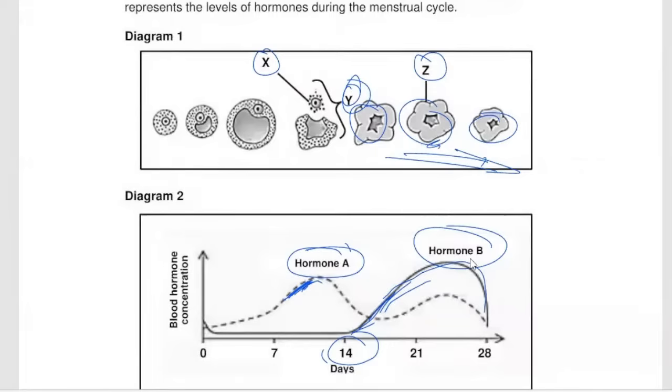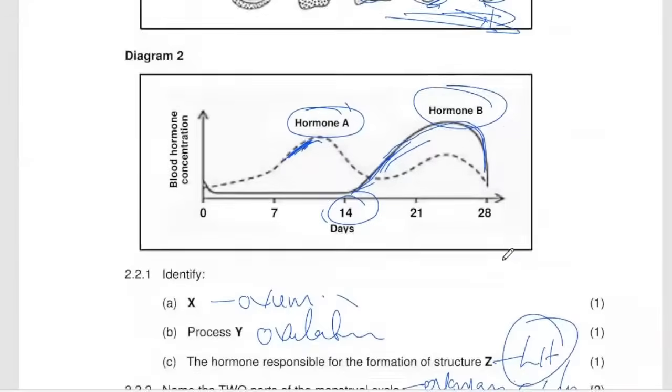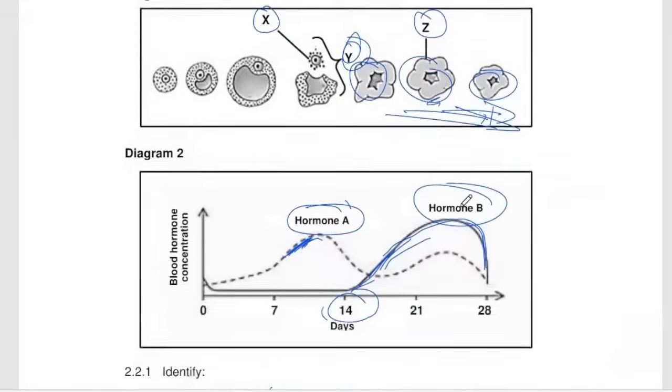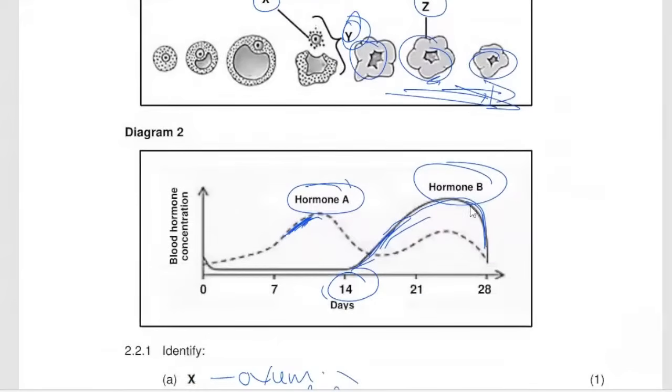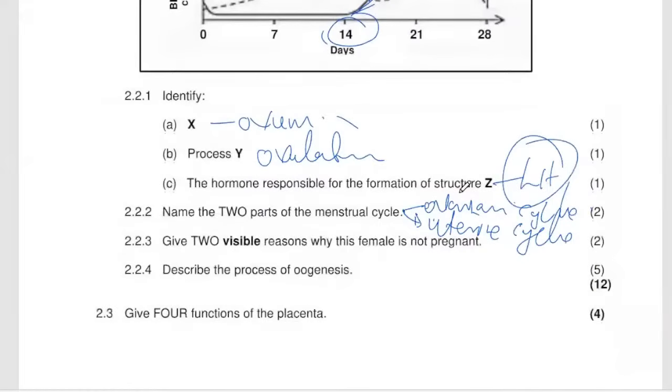Now, since the corpus luteum is degenerating, automatically hormone B, which is progesterone, also drops. So it shows that this person is not pregnant because of the disintegration of the corpus luteum and also the dropping of hormone B, which we call progesterone.